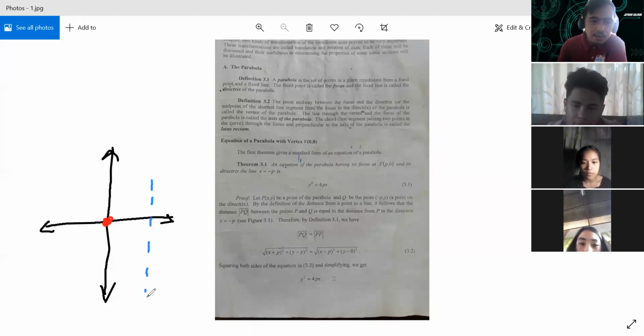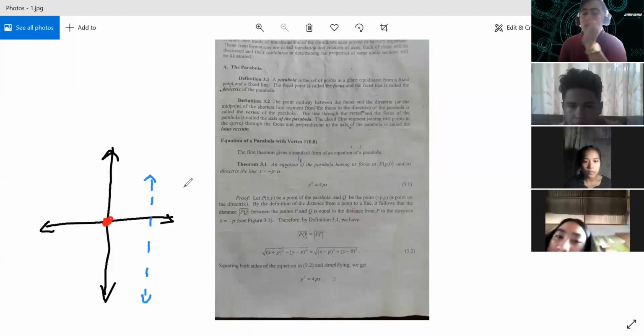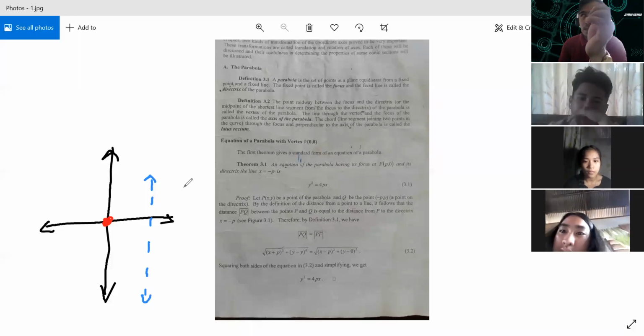Previously, for you to create a circle, you only have a fixed point. The definition of a circle: you only have a fixed point, then all points equidistant from that fixed point, you collect all of those points, then you can create a circle.